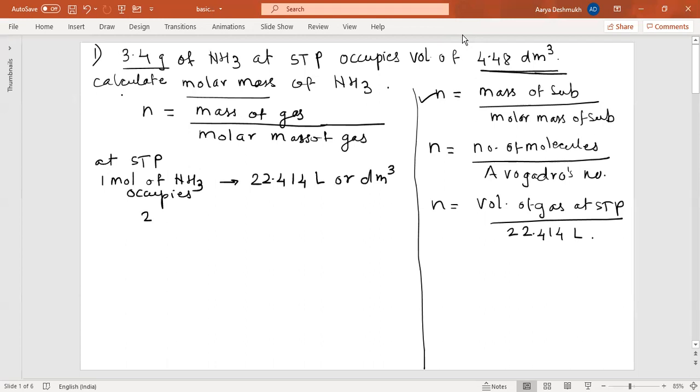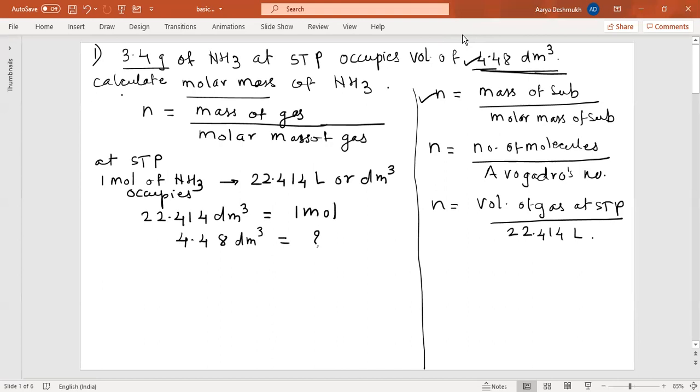So now you can write 22.414 dm cube equals 1 mole. Now what is the volume given? The given volume is 4.48 dm cube, equal to how many moles? So first, by taking the volume, we will calculate the number of moles.